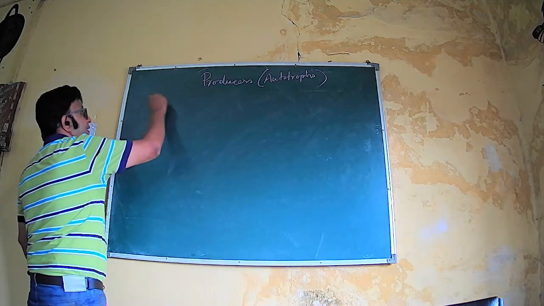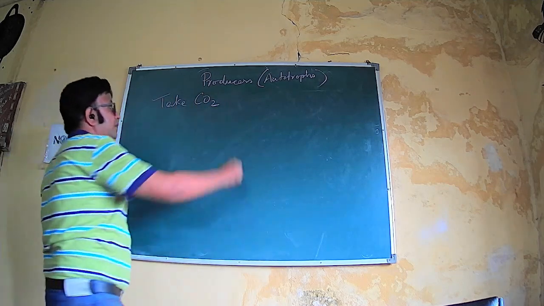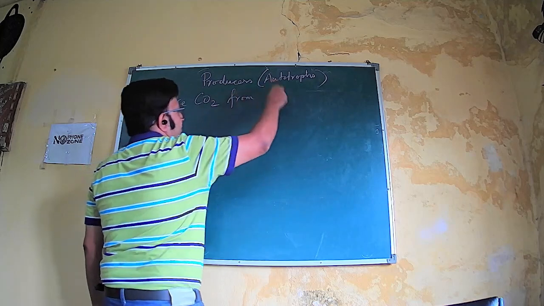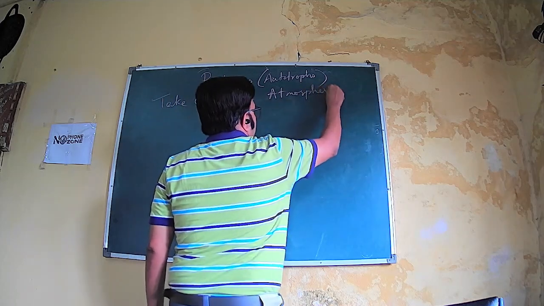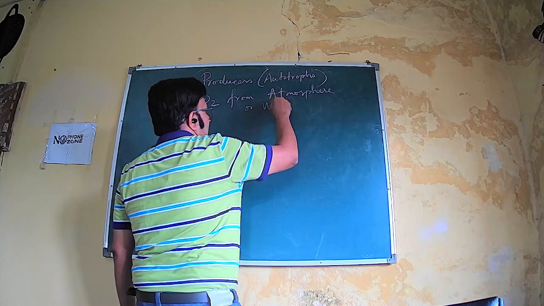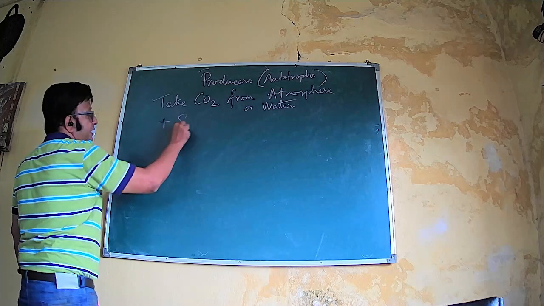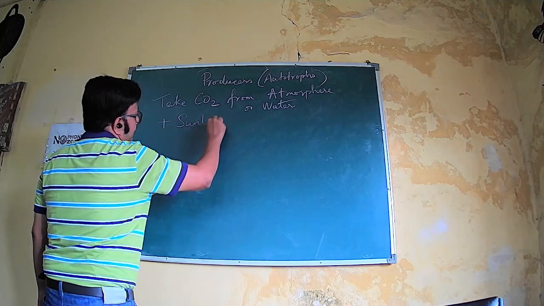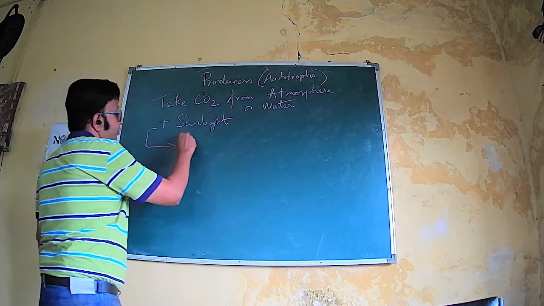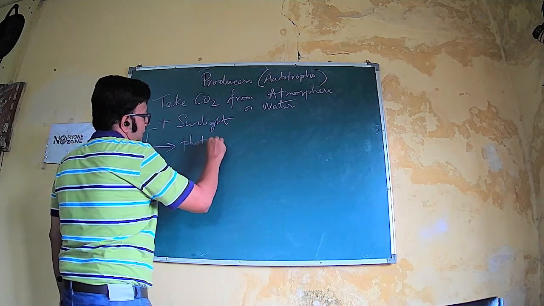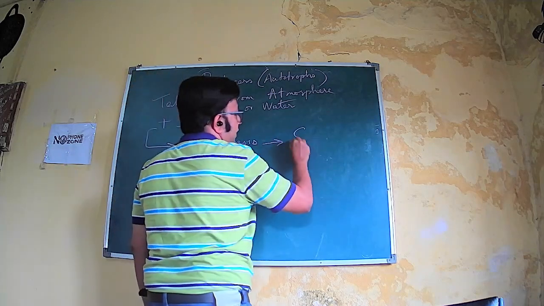Essentially, they take CO2 from atmosphere or water plus sunlight or any light, and through a process called photosynthesis, they form sugars.